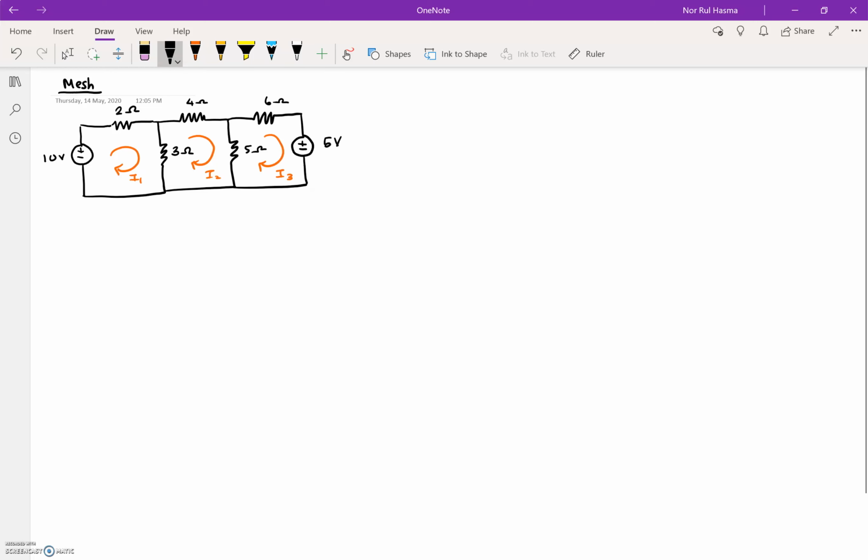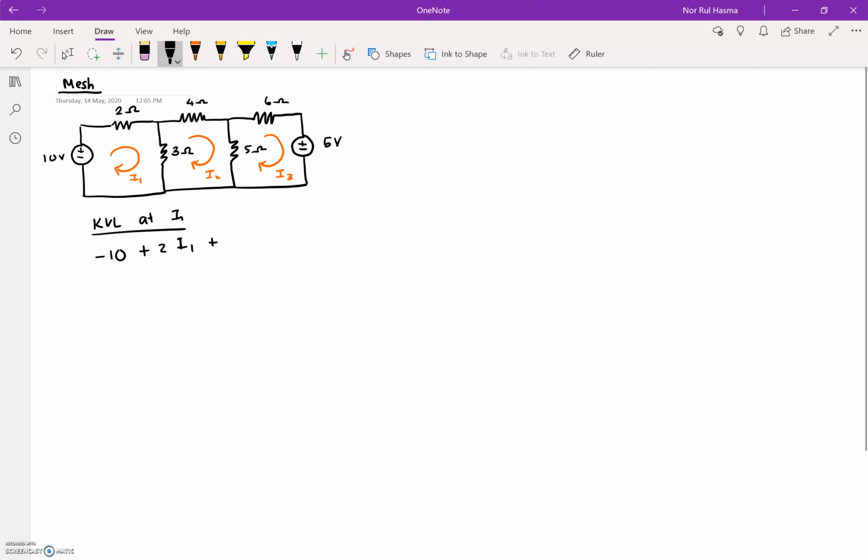For the first equation, we do the KVL at the first loop, which is the loop I1. Assume all the currents flowing into the resistor give a positive voltage. So KVL at I1 is equal to minus 10 plus 2 I1.